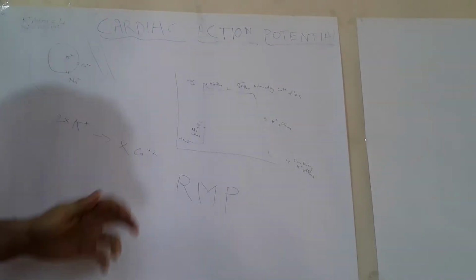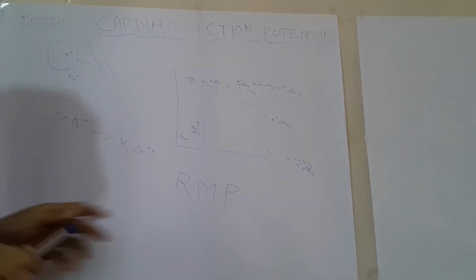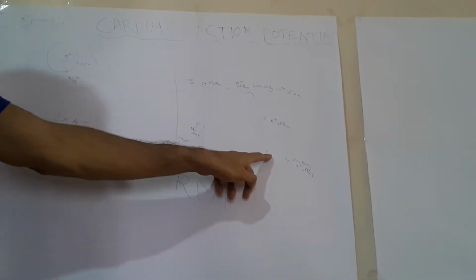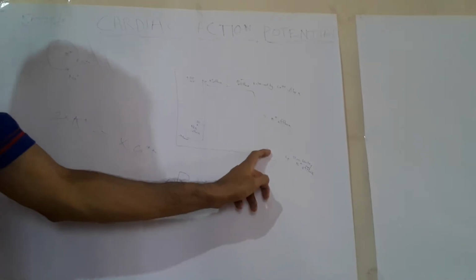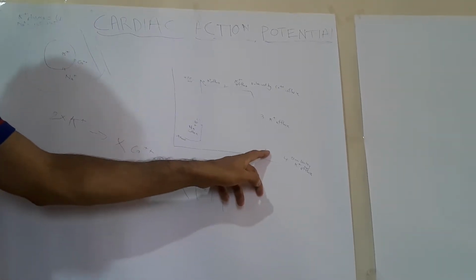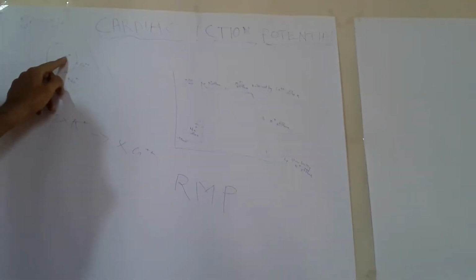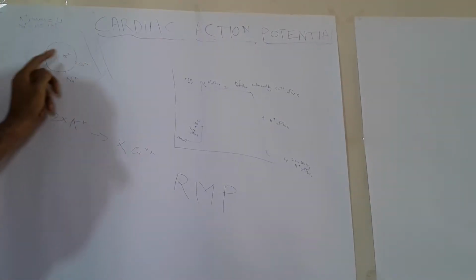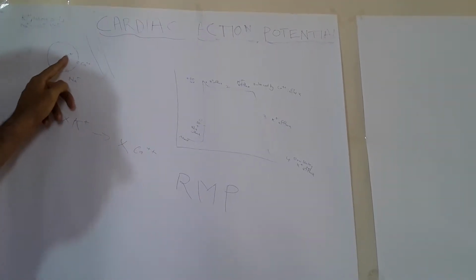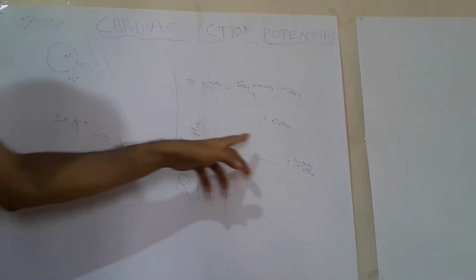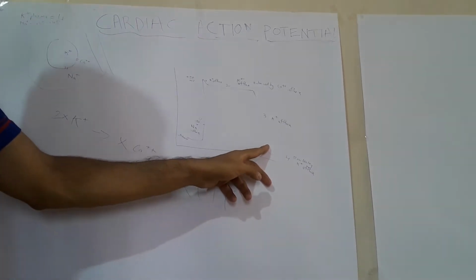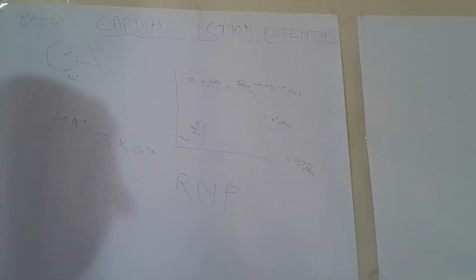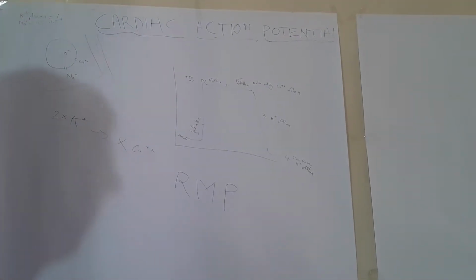And if you keep this concept in mind, that this has come down to a point of about, say, -80 millivolts or -70 millivolts, then potassium efflux would cause more electronegativity inside the cell, and that would help the cell to go from -80 millivolts back to -90 millivolts.